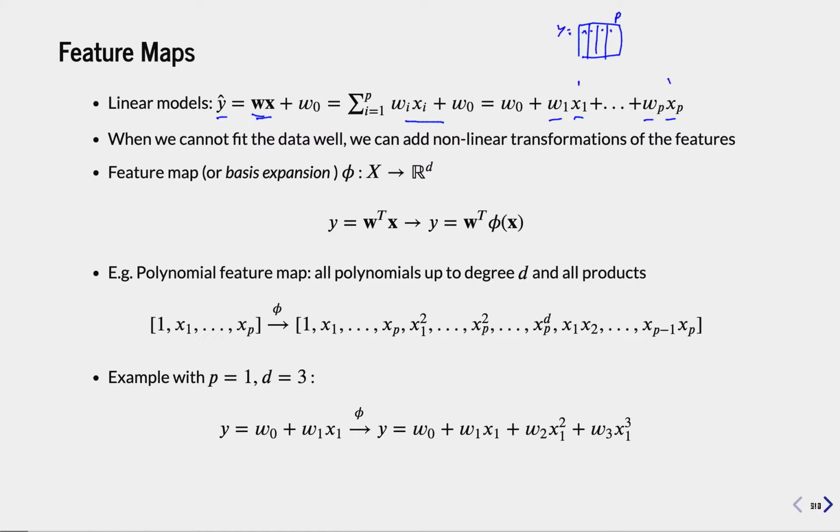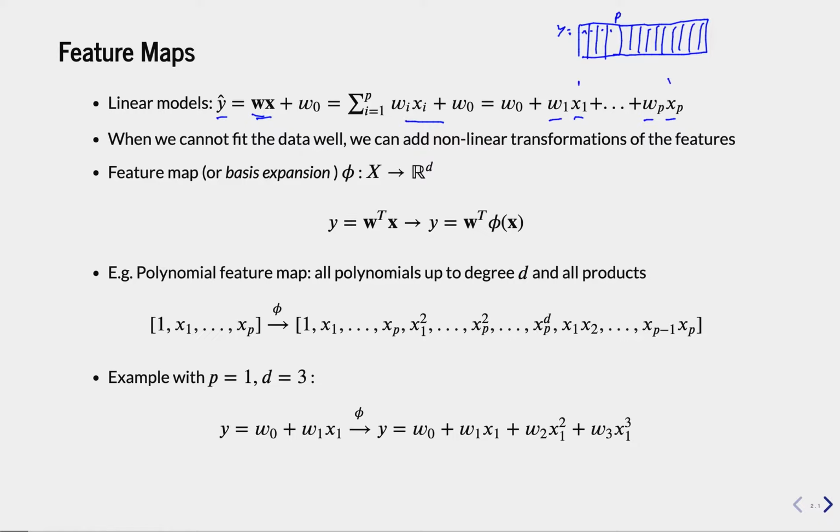Now, we saw that there are many cool techniques that we can use to learn these models, but when they cannot fit the data well, there's nothing we can do with the models themselves. But what we can do is add a number of extra features to our table, which allow us more weights to learn, and hence we can also learn more complex models.